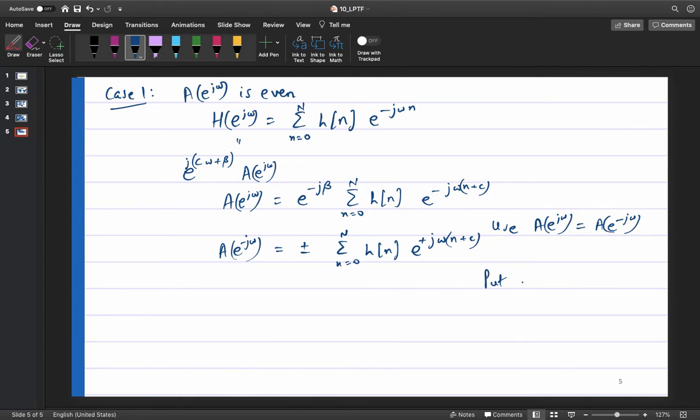So put n is equal to capital N minus L, where L again goes from 0 to N, that does not change it. So this is equal to plus minus summation L equal to 0 to capital N h of N minus L e to the power j omega n minus L plus C.